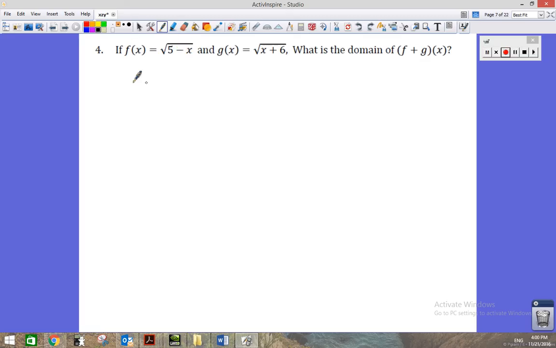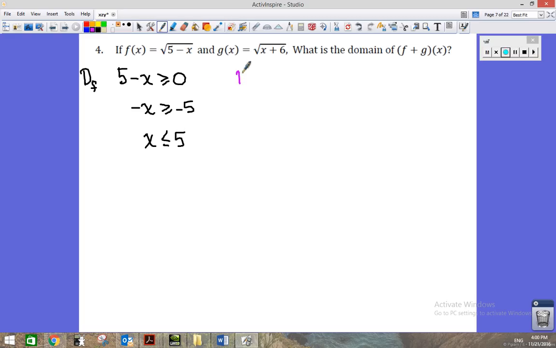So this 5 minus x has to be 0 or positive. If we subtract 5 from each side, and multiply both sides by a -1, we have to change the direction of the arrow. And for our domain of f, we're getting all real numbers that are less than or equal to 5.